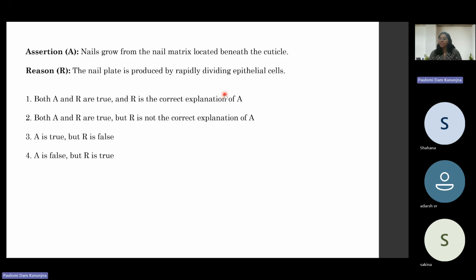Anybody would like to take a guess? This is about nails.